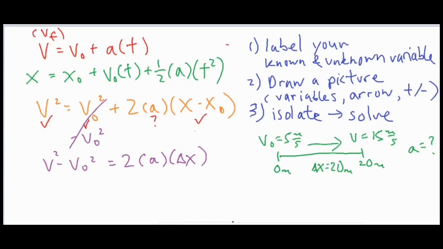And then what I can do is divide both sides by 2 and divide both sides by delta x, which is basically dividing this by 2 delta x. Okay, and then my a would equal V squared minus V naught squared divided by 2 delta x.